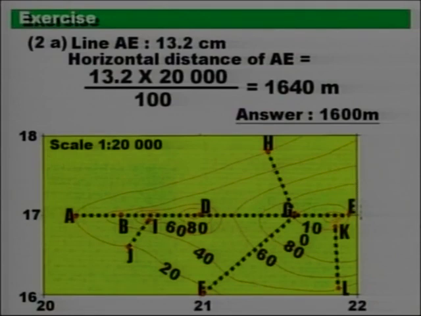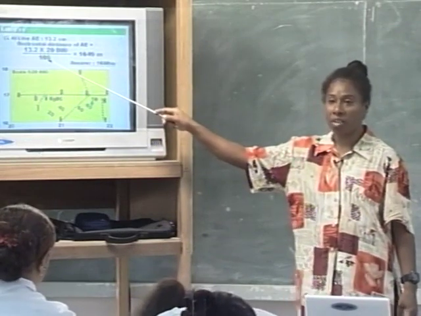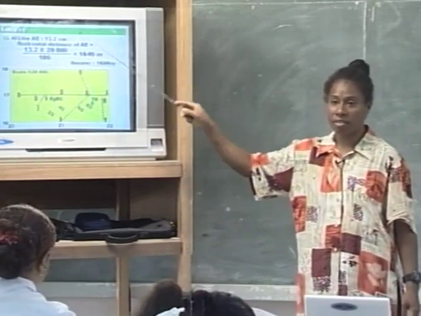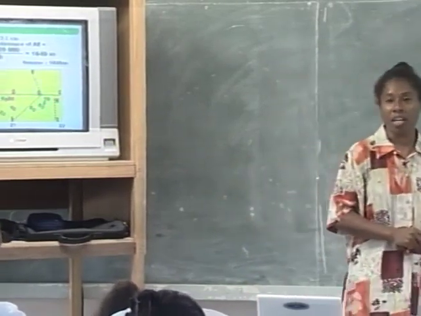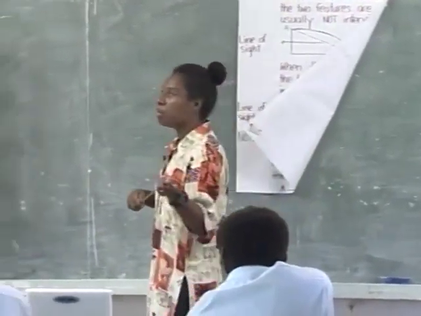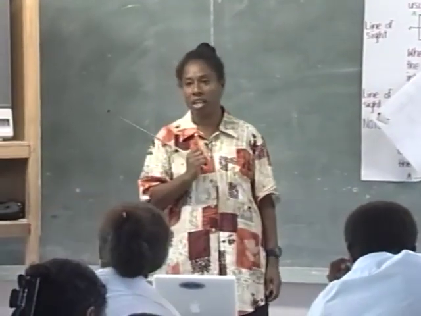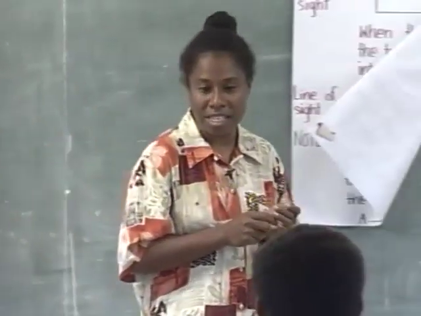Multiply by 20,000 divided by 100 to give the answer in meters. So 2,660 to the nearest 100 meters will be 2,700. Okay, so if you did get 2,700, you give yourself a tick.